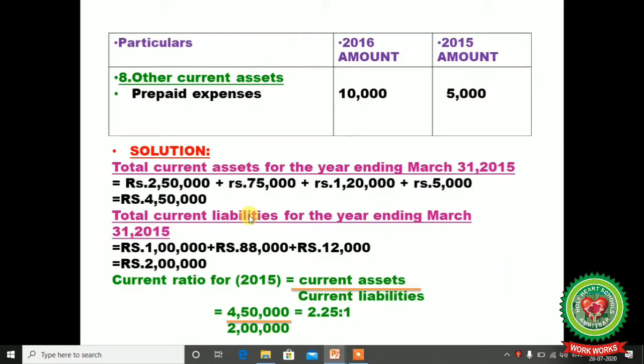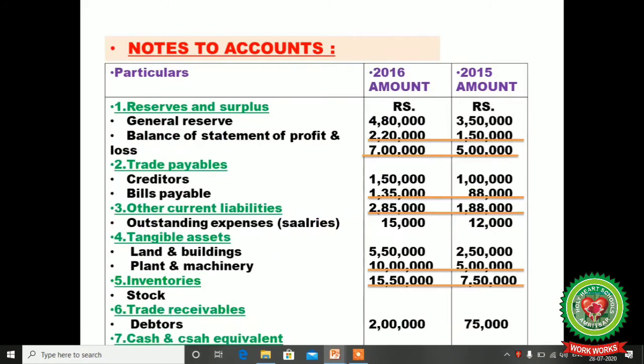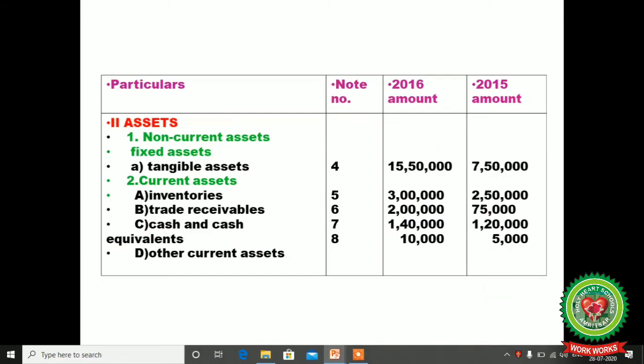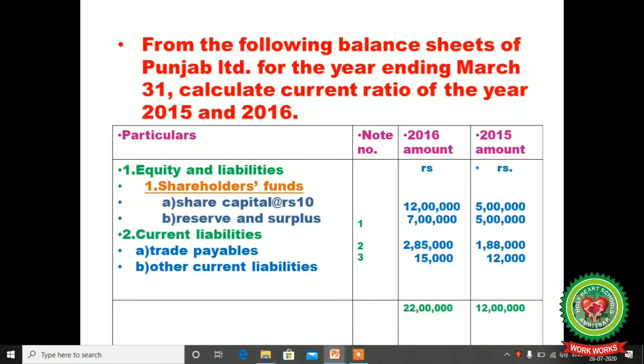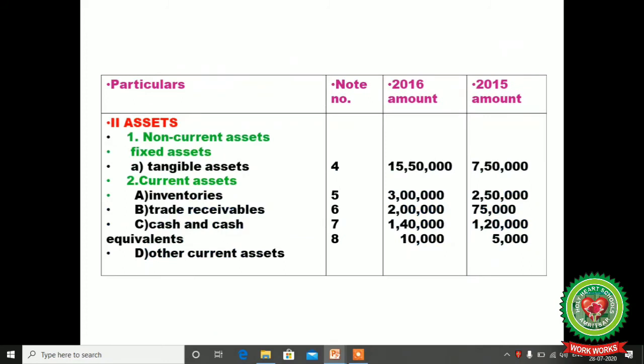Now it's time for your solution. Firstly, consider 2015 for the solution part. Check out the liabilities and current assets. To find the current ratio, you know that current assets and current liabilities are required. So firstly, consider 2015 current assets.